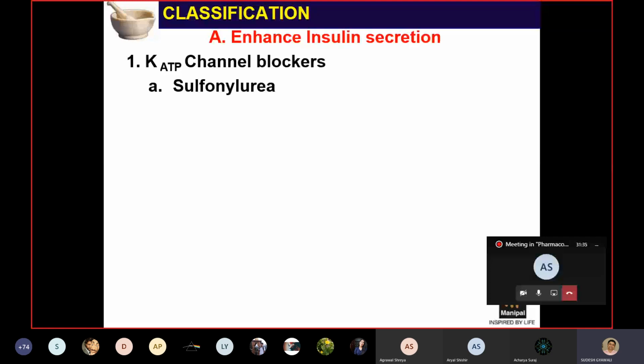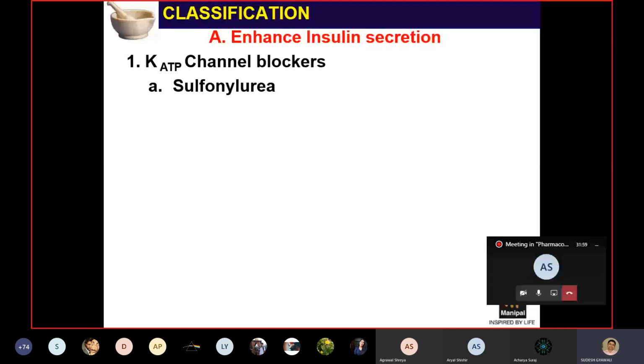So in oral anti-diabetic drugs, we have the drugs which enhance insulin secretion, that means they increase the insulin secretion. I have already said oral anti-diabetic drugs are most commonly used in type 2 diabetes mellitus, and in type 2 diabetes mellitus, the insulin is produced, isn't it?